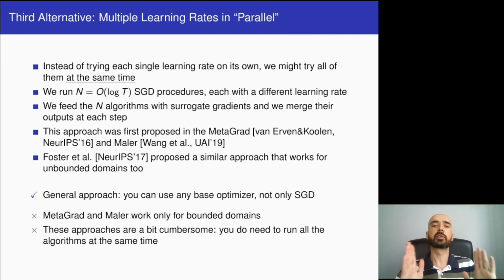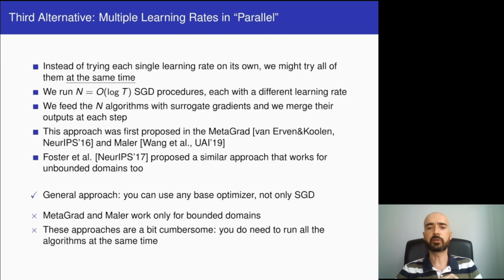And you run all of them at the same time, and you have a way to fuse all the iterates generated by all these different procedures, so that in the end you have just one iterate in each step. Because otherwise you would have to query a lot of gradients. In this way, you just query one gradient. And then you pass surrogate gradients to these procedures.